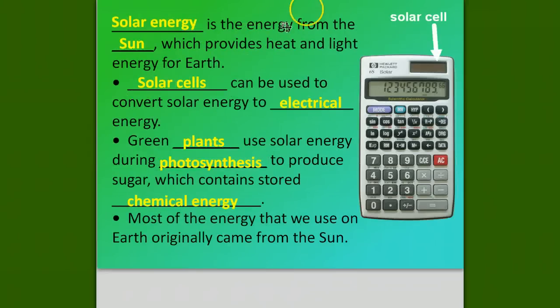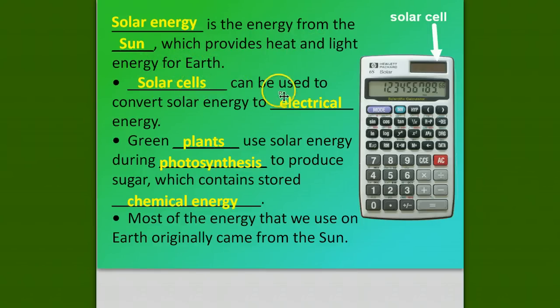Solar energy is the energy from the sun. Solar starts with an S. Sun starts with an S. Sounds pretty easy to me. Solar energy is the energy from the sun, which provides heat and light energy for Earth.